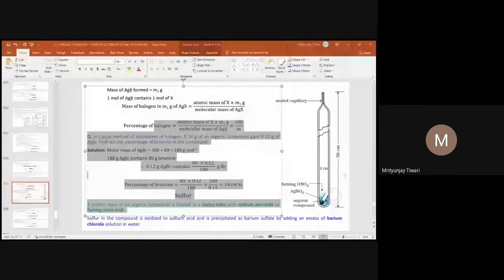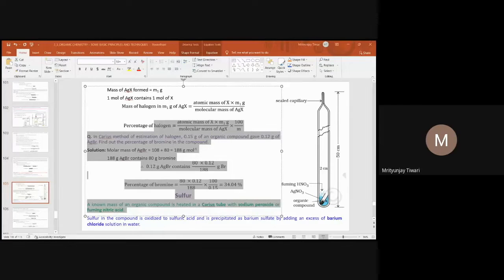You will see the formation of magnesium ammonium phosphate, which on ignition yields Mg2P2O7. Mg2P2O7 is stable, and from the amount of Mg2P2O7 formed, you can find out the percentage of phosphorus.